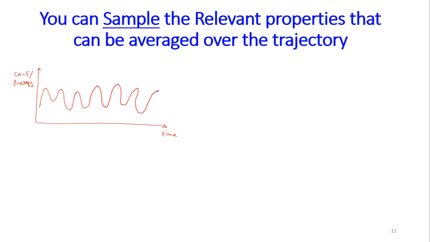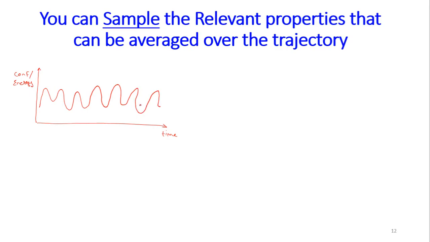Say this is time on the x-axis, and you plot the conformation of your protein, or the energy value of your protein, on the y-axis. So this is how the energy or conformation of your protein might change over time.